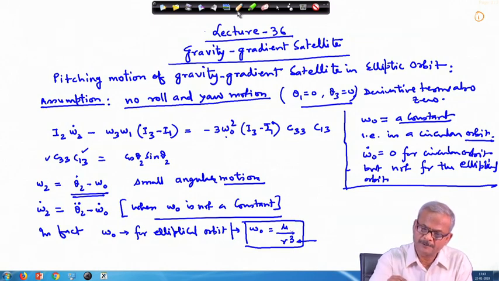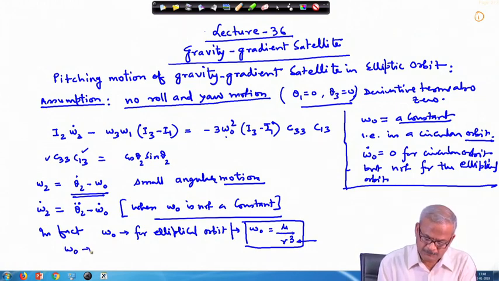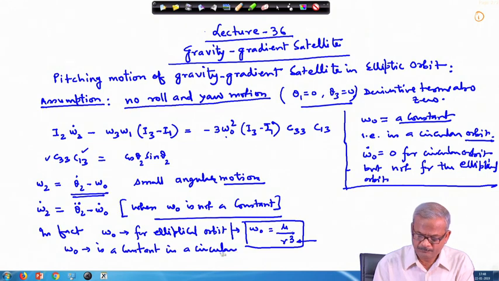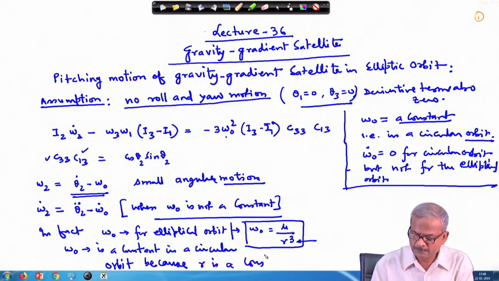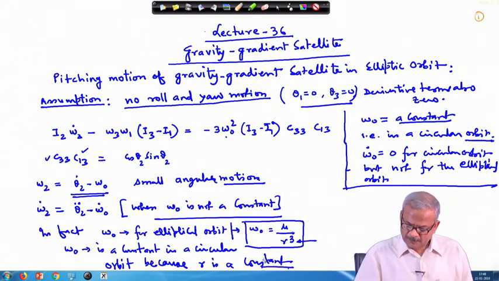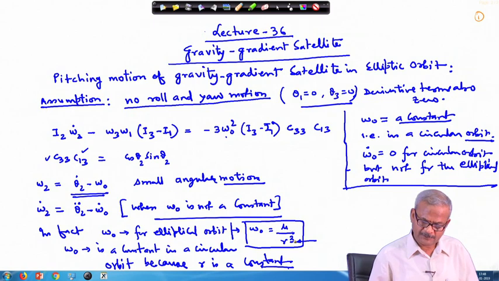Okay, so in the circular orbit r is constant and therefore omega 0 turned out to be a constant. However, in the elliptical orbit r is varying and therefore the things will change. Okay, so we are today going to discuss all these things.